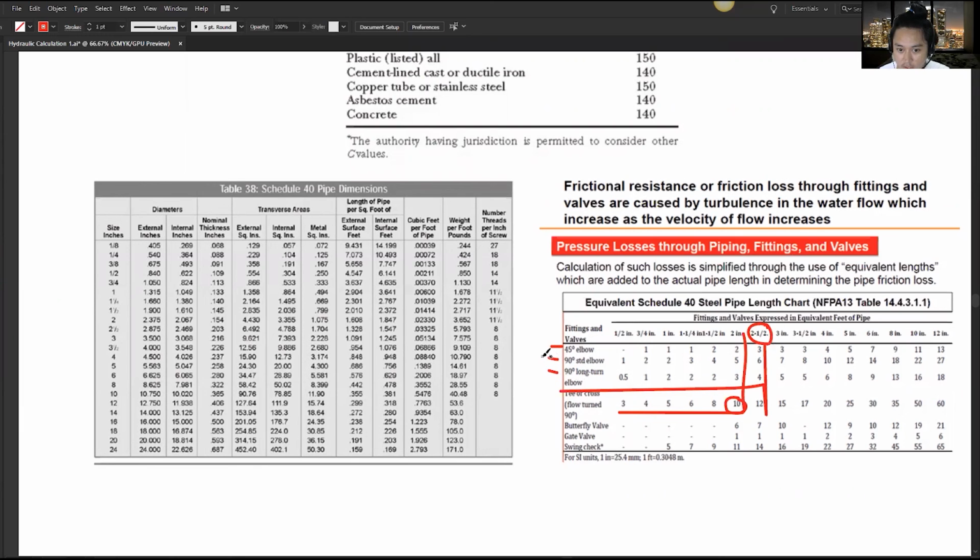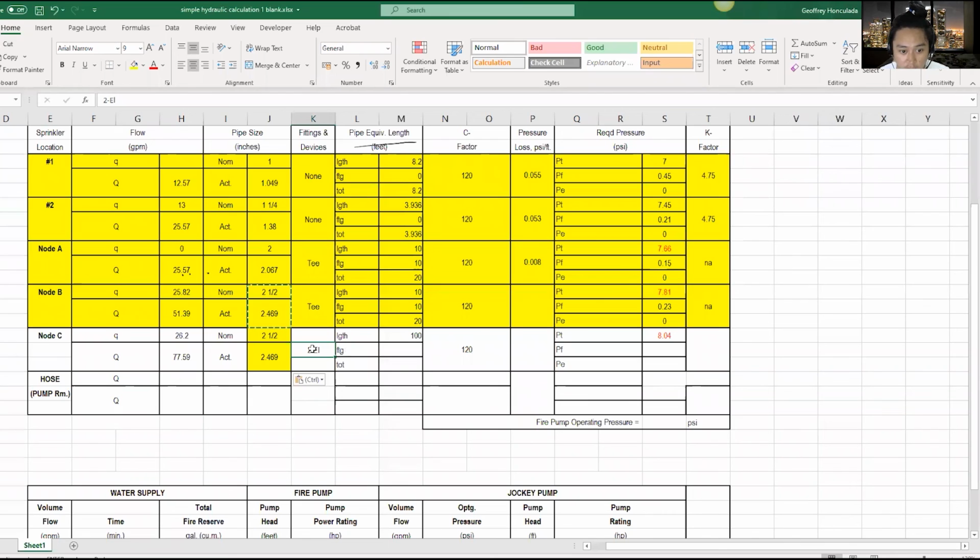We'll just go ahead and choose a standard elbow, this one. So we can choose 6 feet as the equivalent pipe length for a standard elbow. However, there are 2 elbows, so 6 times 2 will be equal to 12. So our total length here is 112.